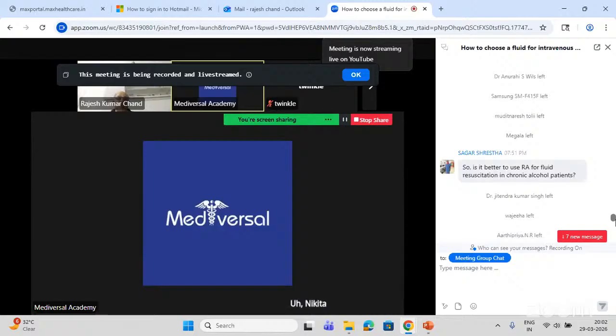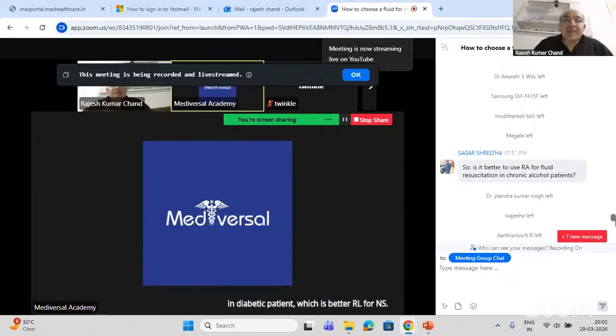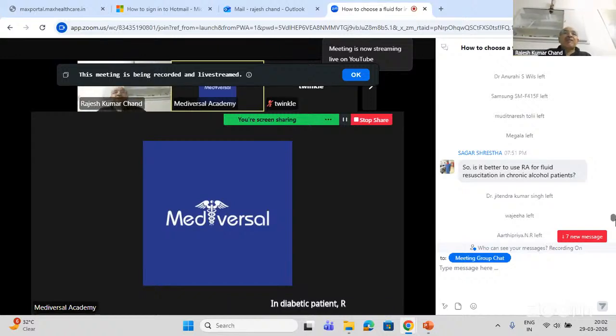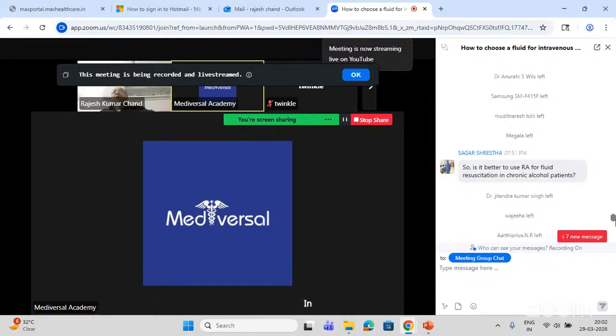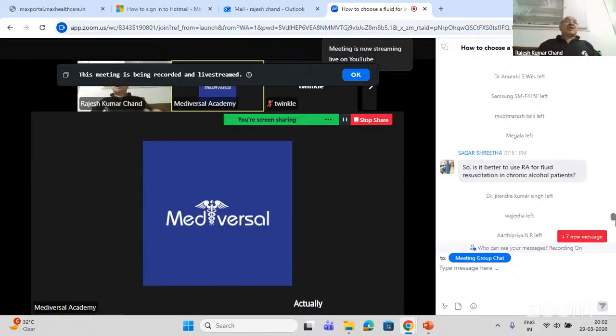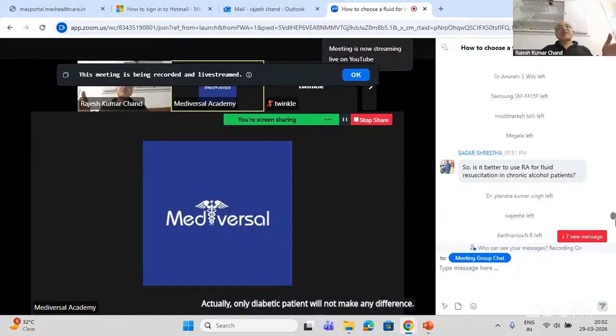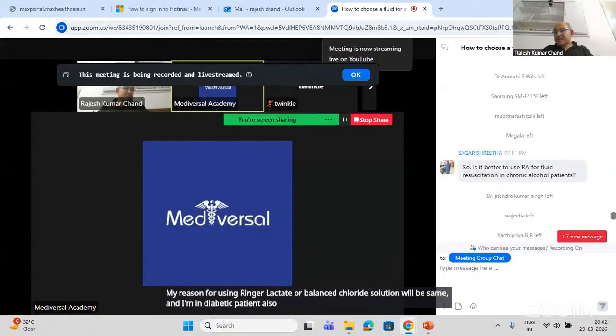Nikita Sharma is asking, in diabetic patient, which is better, RL or NS? Actually, only diabetic patient will not make any difference. My reasons for using ringer lactate or balanced crystalloid solution will be the same, and in diabetic patient also I will use this.